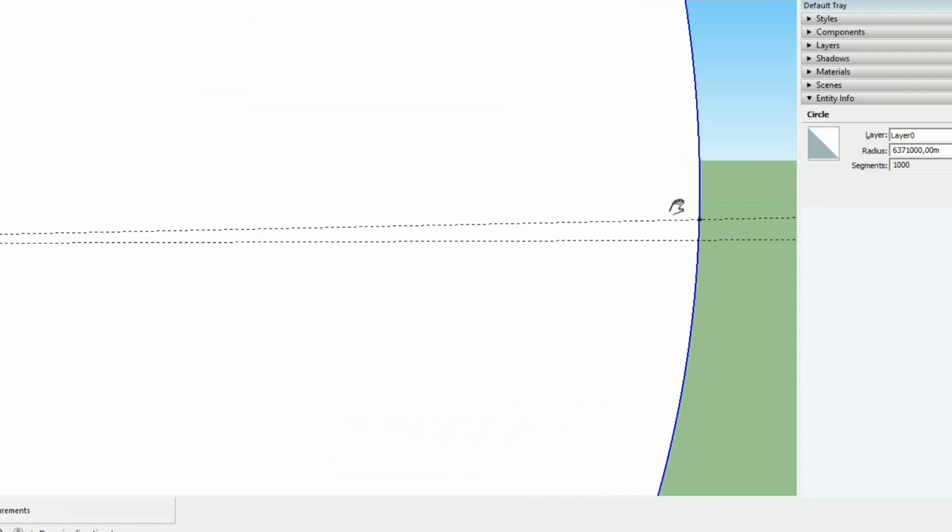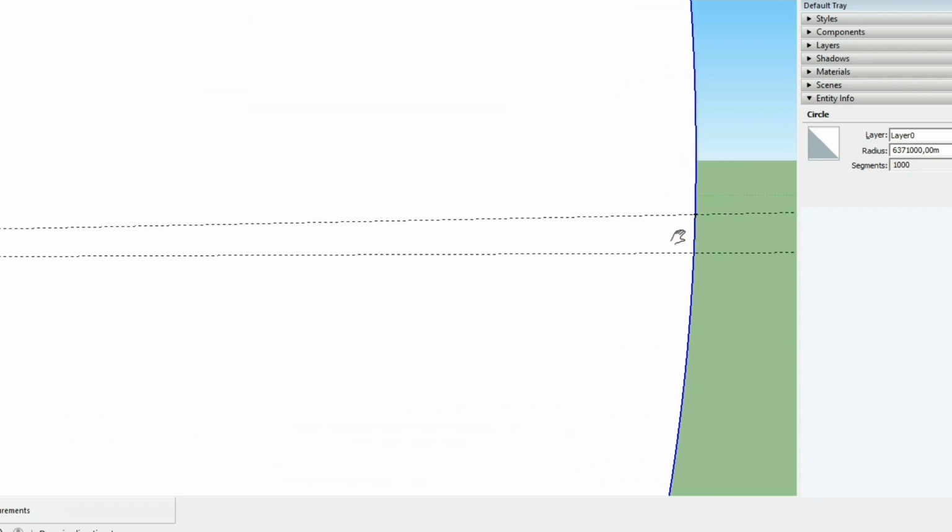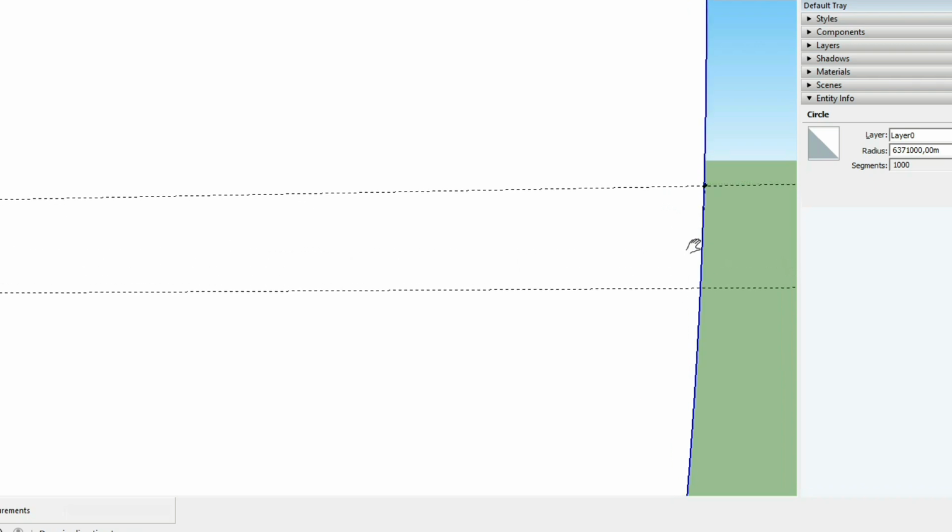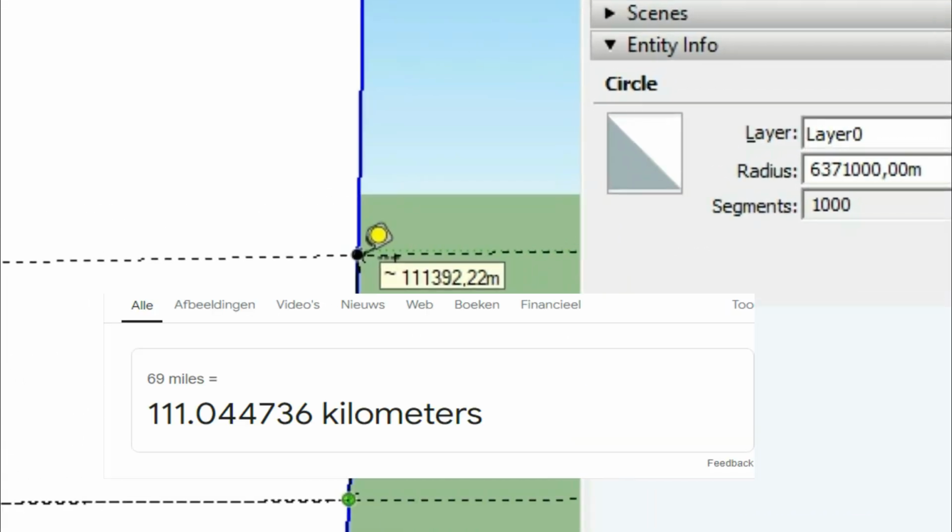These two lines are 1 degree of the so-called Earth surface. Now we can measure it. It's about 111.39 kilometers. That is pretty close, like 350 meters.